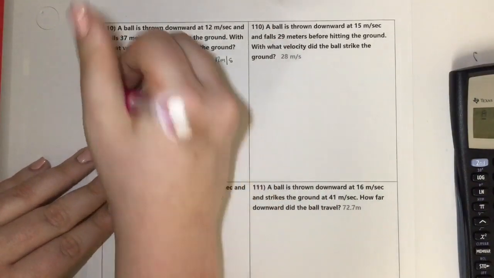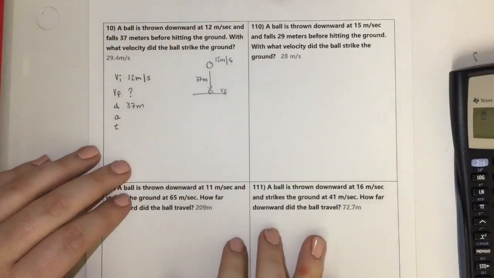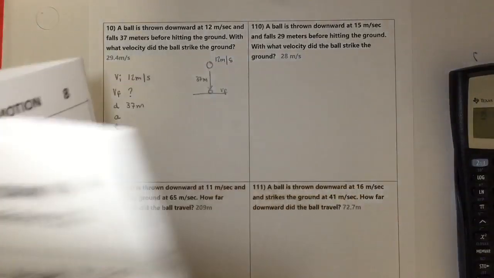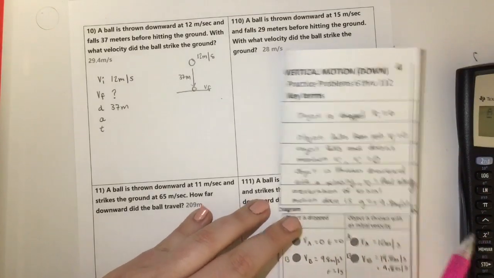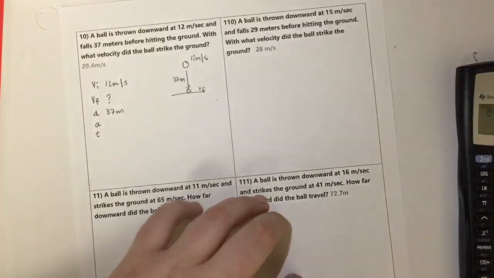The distance is going to be 37 meters. And as we discussed earlier, the acceleration of a vertical motion down is 9.8 meters per second squared. So the acceleration in this case is going to be 9.8 meters per second squared.